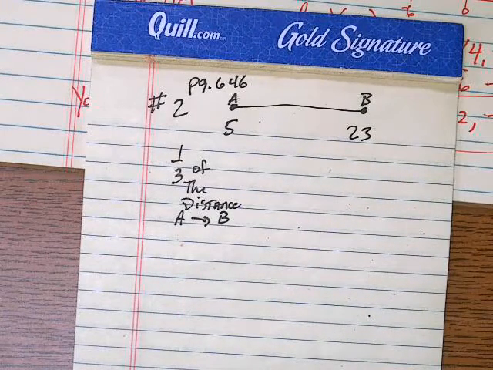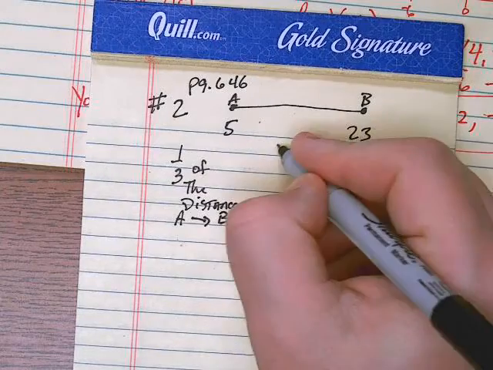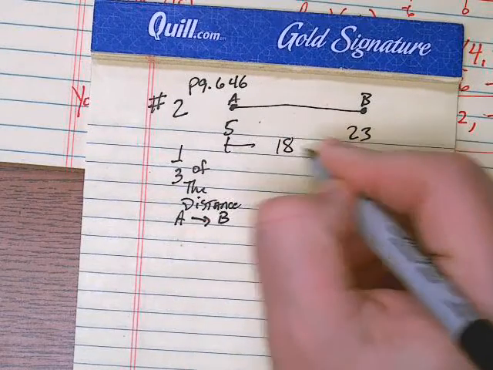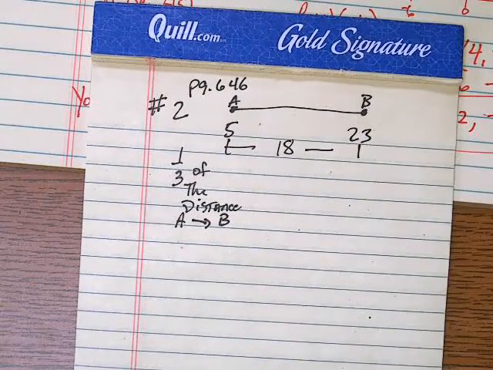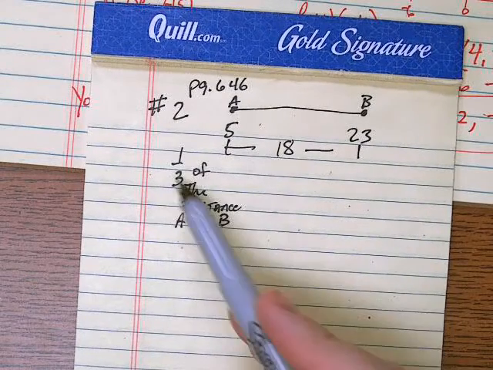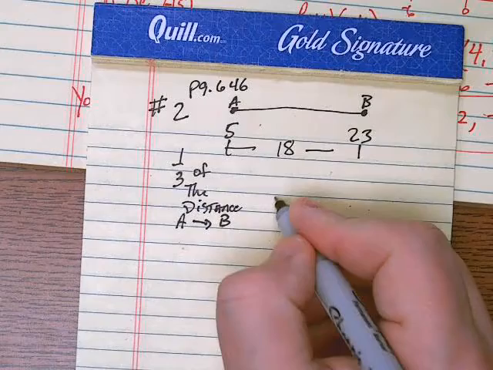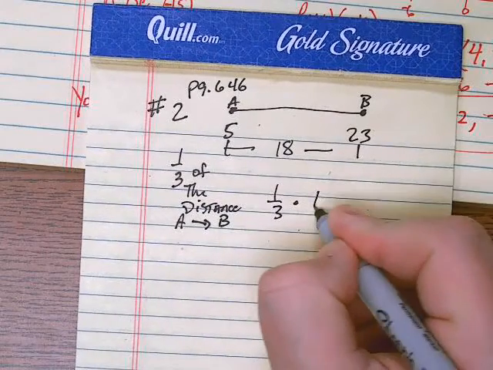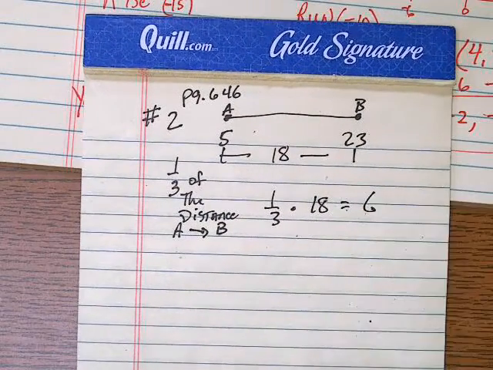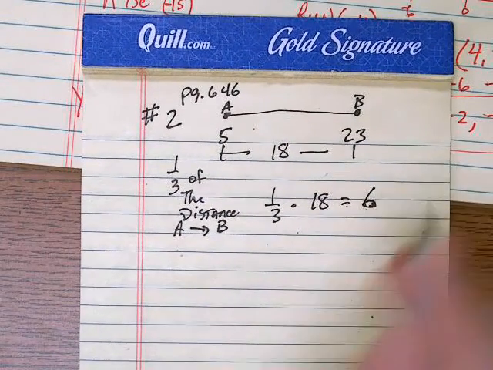How far apart are those? 18 units. Lily, does that make sense? 5 to 23 is 18 units. Well, if this is 1/3 of 18, it's just a multiplication problem. That means it's 6 units away.